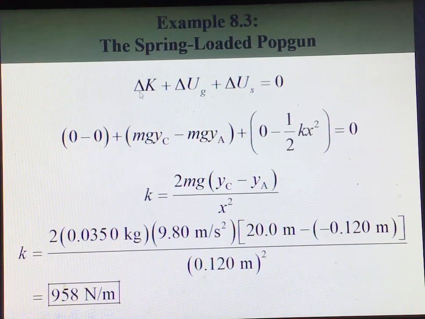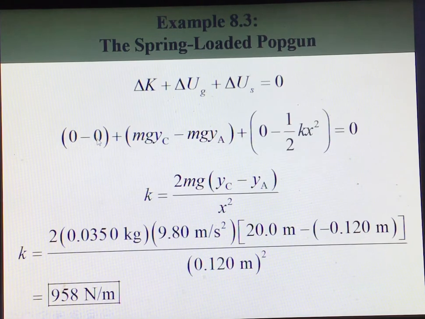Let's look at the change in the kinetic energy. Because it starts from rest and the final height is 0, the initial velocity is 0, the final velocity is 0, so the change in the kinetic energy is 0.